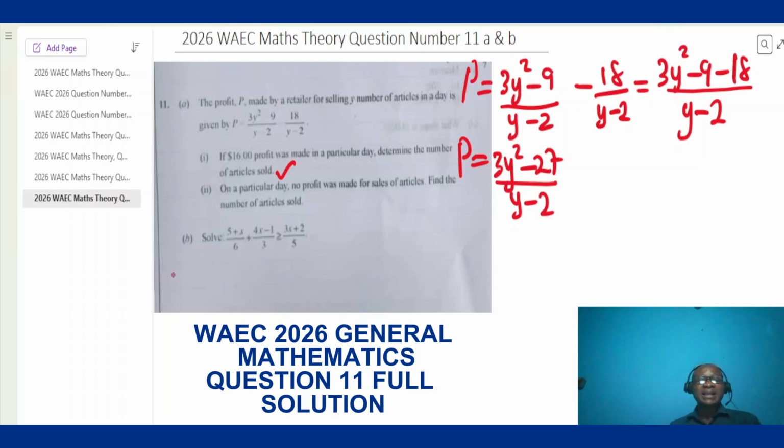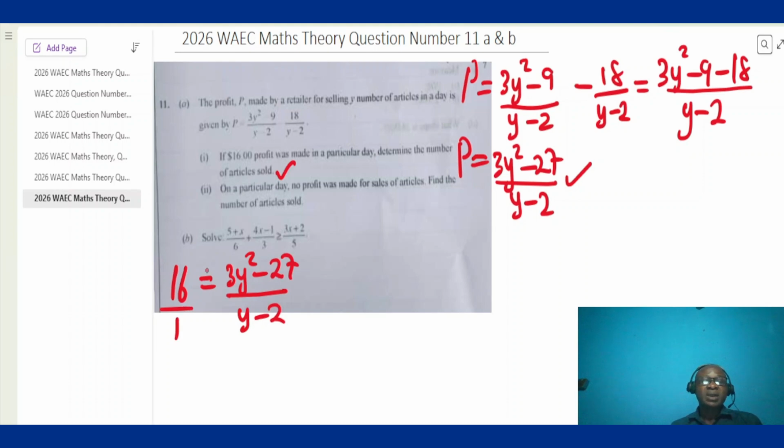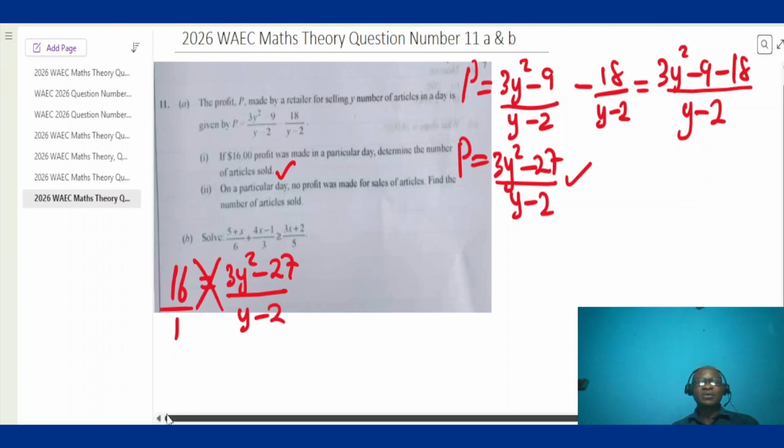For the value of P being 16, that is the profit made, I'm now using this formula: 16 is equal to (3y squared minus 27) divided by (y minus 2). Now, we are solving to get the actual value of y.